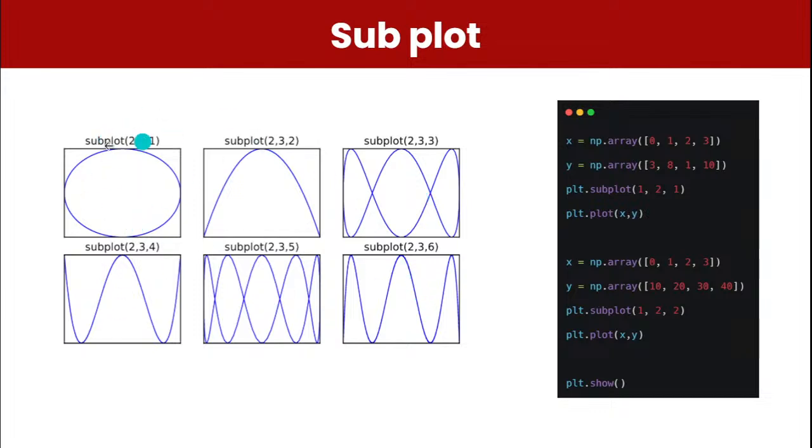So if you declare 2, 3, meaning 2 rows and 3 columns, you have options of displaying 6 individual images. You have to call it one by one and pass the respective values to plot it. Here I have gone with 1, 2, which means 1 row and 2 columns, so you can only have these 2 images.